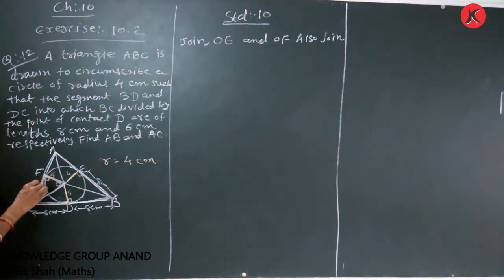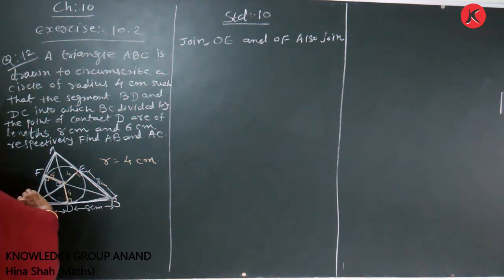Similarly, CD is equal to CF. CD is equal to 6 cm. Therefore, CF is equal to 6 cm.